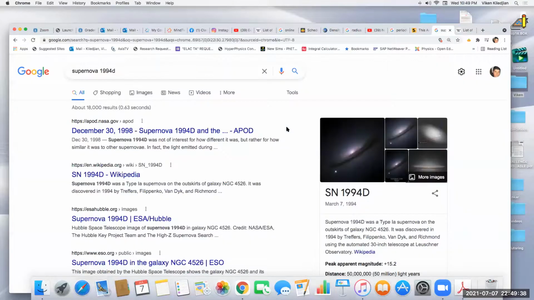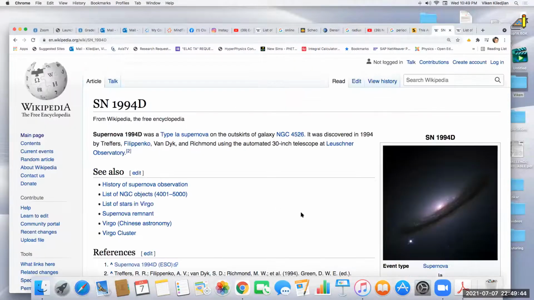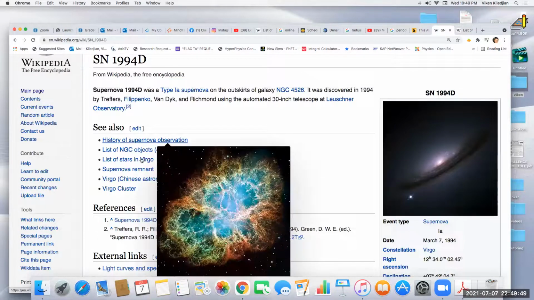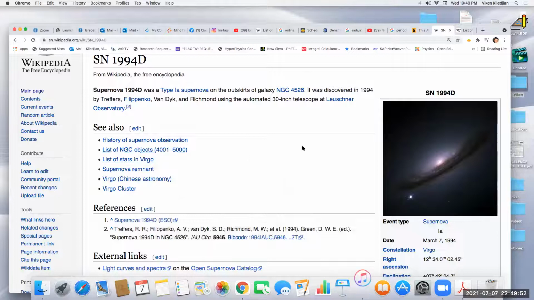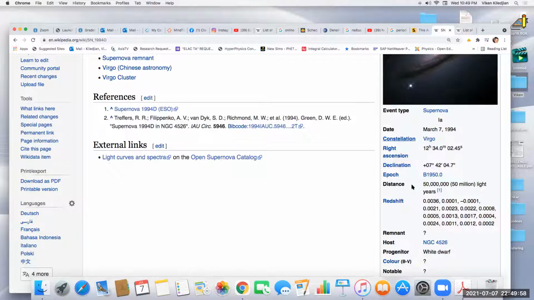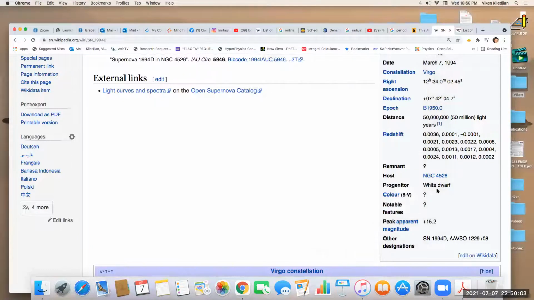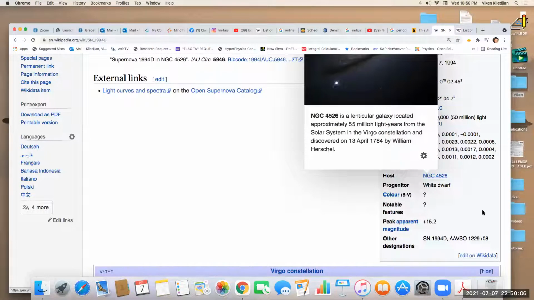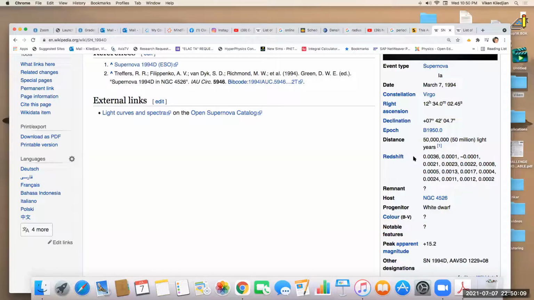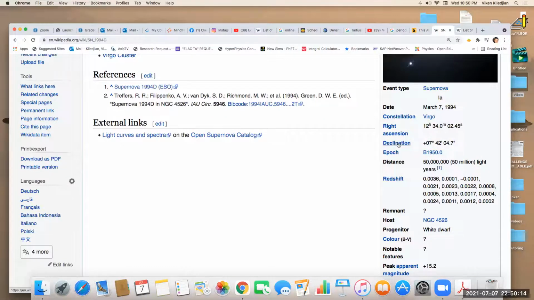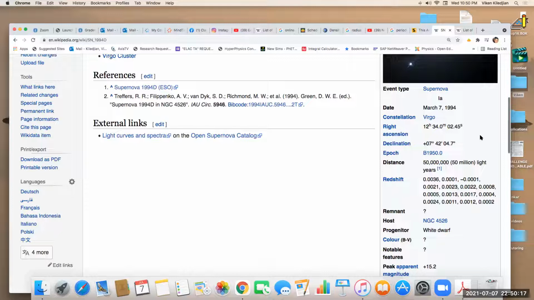And this gives you a little more information if you just want to read up on it. For 1994, it gives you more detail: who discovered it, the history of the supernova observation, the peak apparent magnitude, the host galaxy, the redshift, the distance in light years, and where it is in the sky: declination, right ascension, and which constellation.